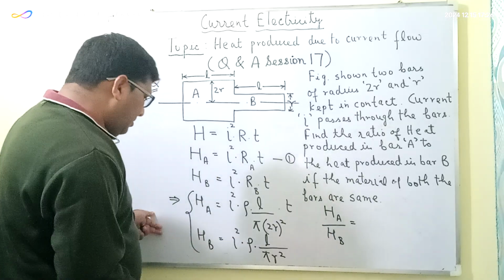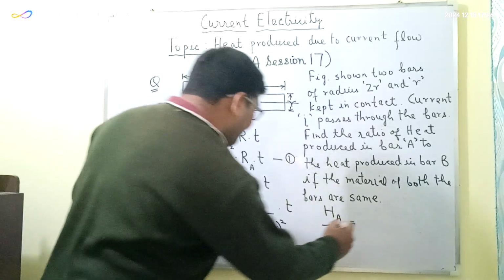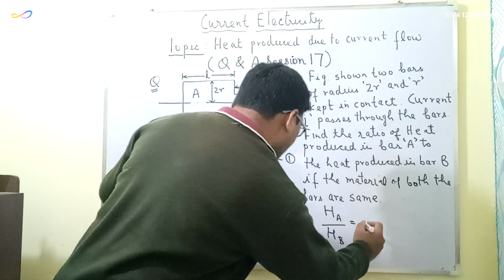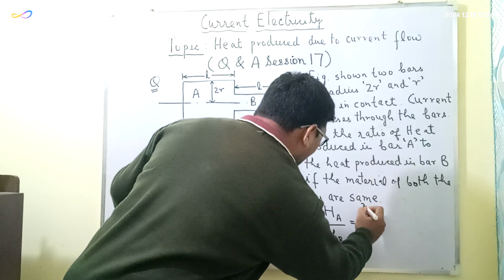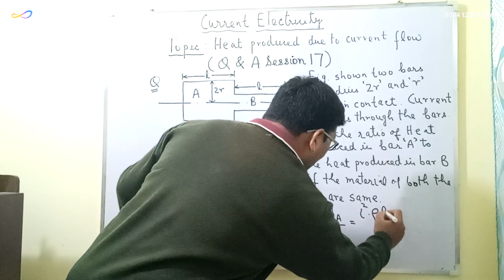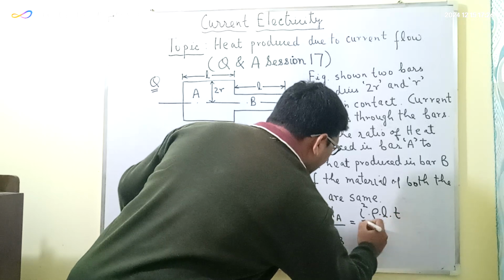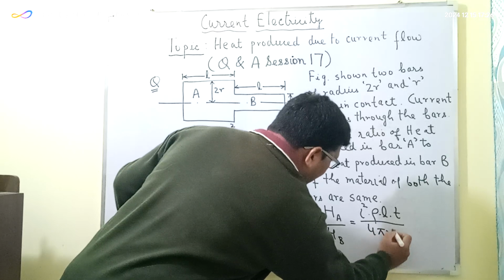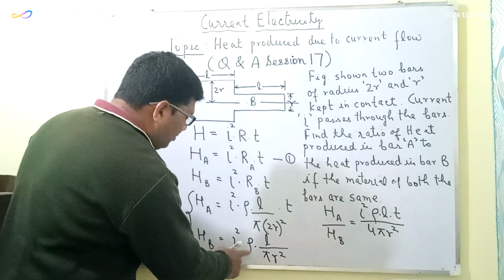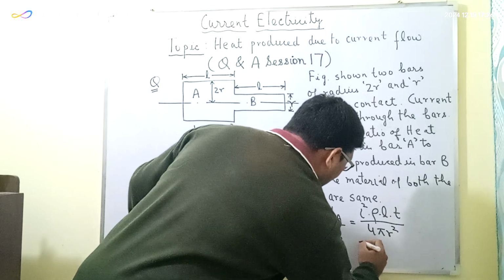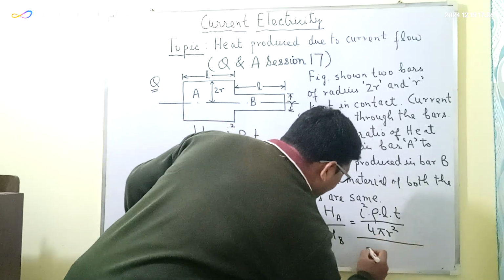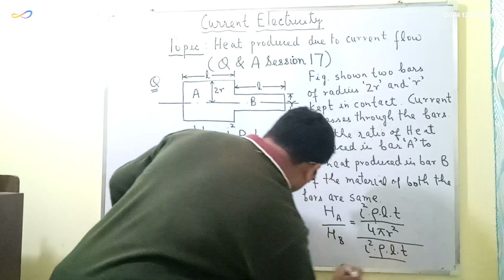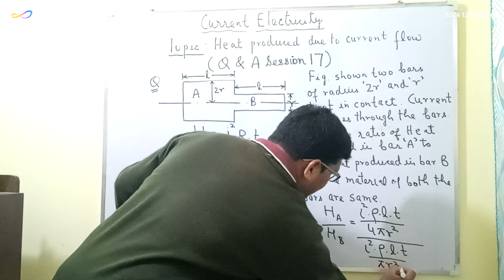HA will be I square into rho into L into T divided by 4 pi r square, divided by I square rho L T divided by pi r square.